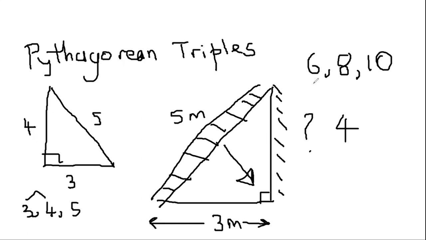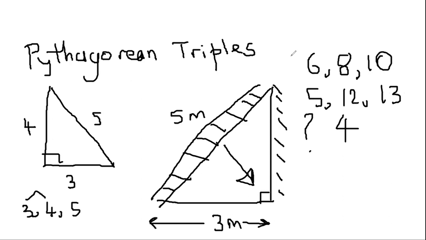All right. So this is another triple. 6, 8, 10. So the 6 and the 8 are the two short sides, and 10 would have been the longest side. You have 5, 12, and 30. All right.